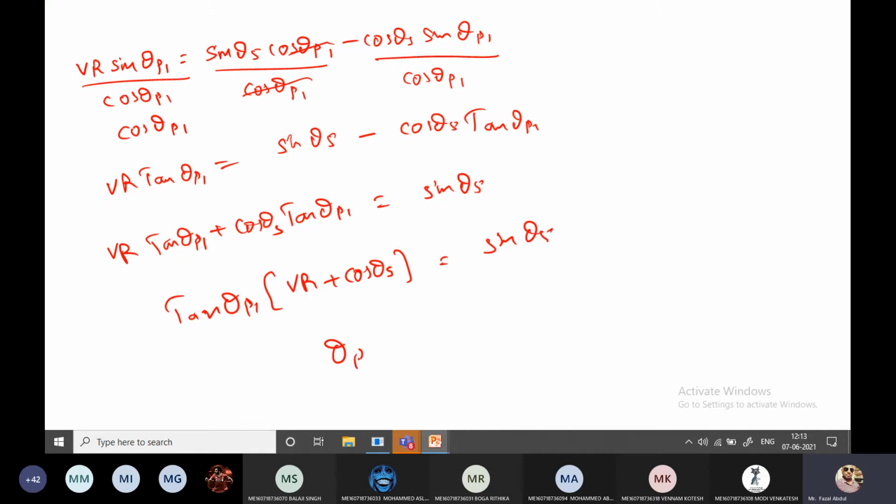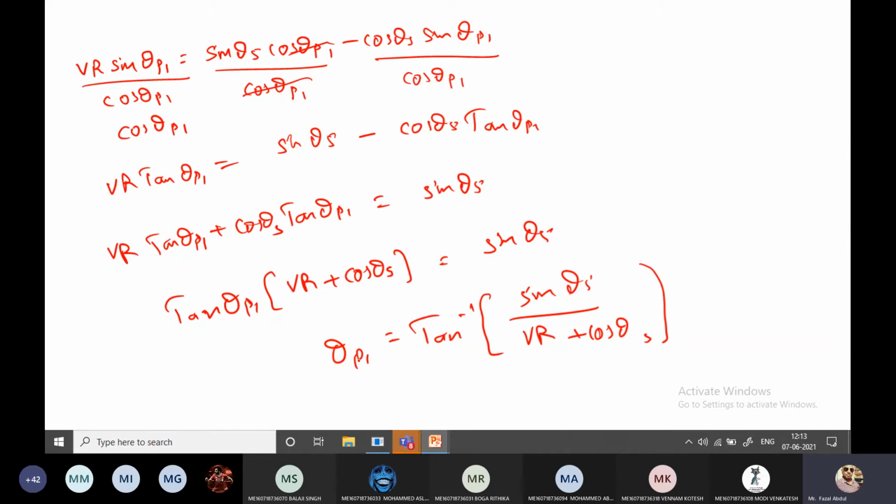So theta p1 is tan inverse of sin theta s by Vr plus cos theta s. This is the pitch angle for the pinion.